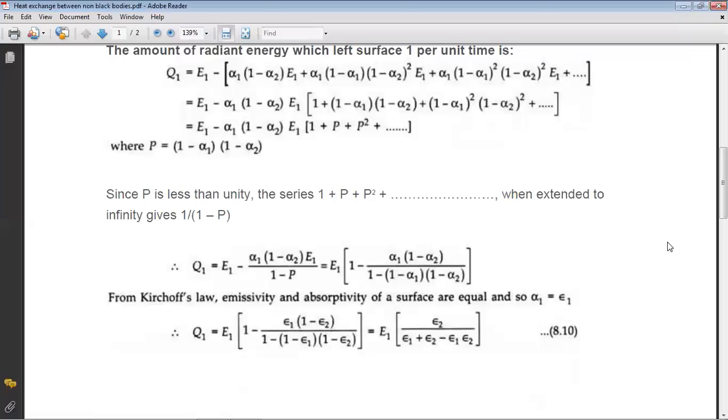Now if you simplify, you will have final expression as capital E1 into epsilon 2 upon epsilon 1 plus epsilon 2 minus of epsilon 1 into epsilon 2. Now this is the energy emitted by surface 1 in terms of emissivities of both the surfaces.